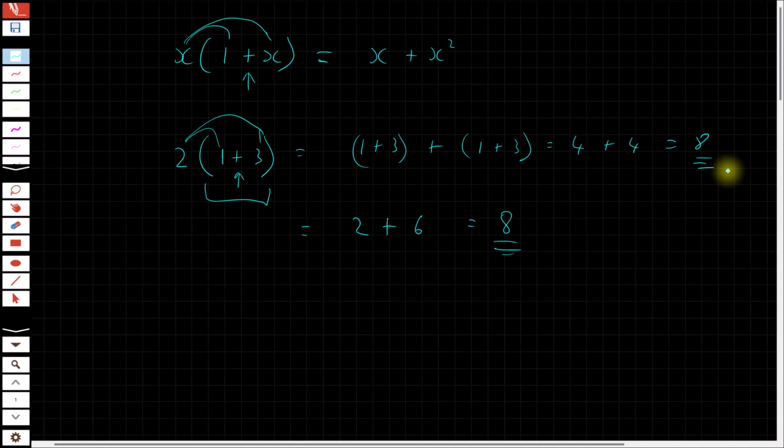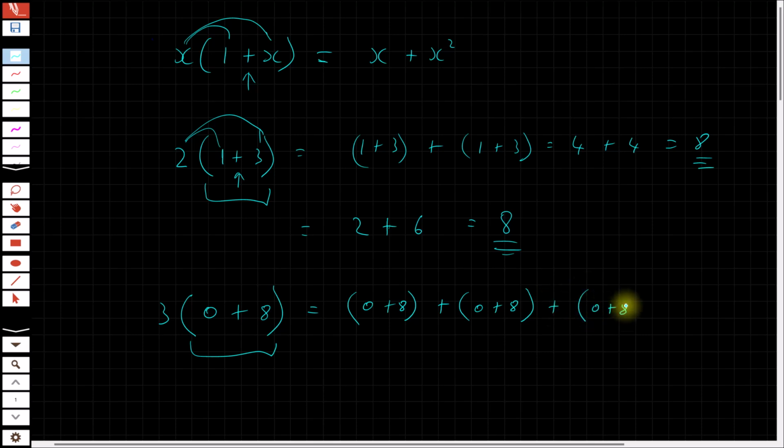Let's take a look at another one using numbers. 3 times 0 plus 8. So we have 3 of these. So we have 0 plus 8 plus another one plus another one. So 0 plus 8 is 8, 8 and 8, and that equals 16 and 24.